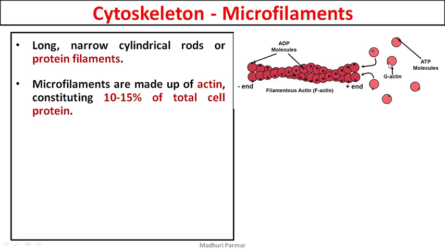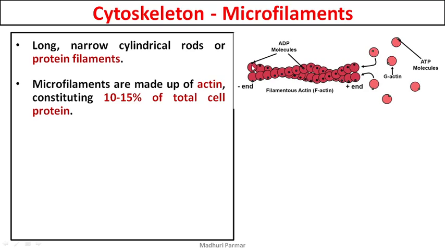the ATP hydrolyzes and becomes ADP, and the G actins come together and form such kind of filament, a fiber. Mostly it forms this double helical structure, just like DNA. You can see this one strand of actin, and then you have this another strand of actin.